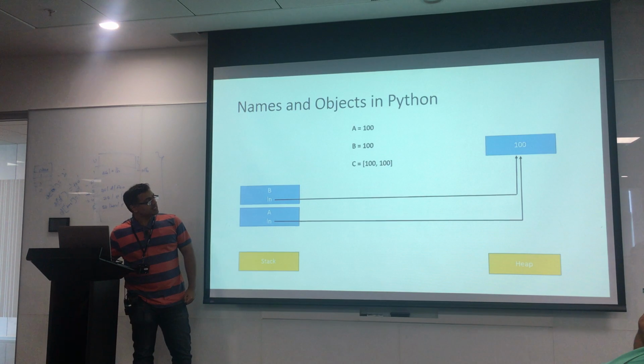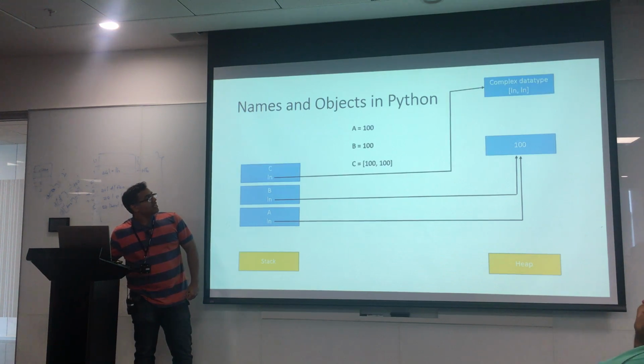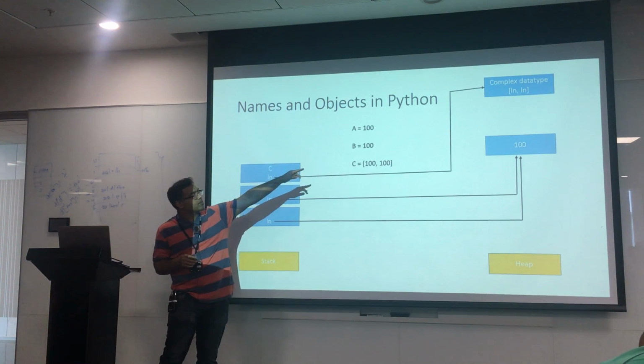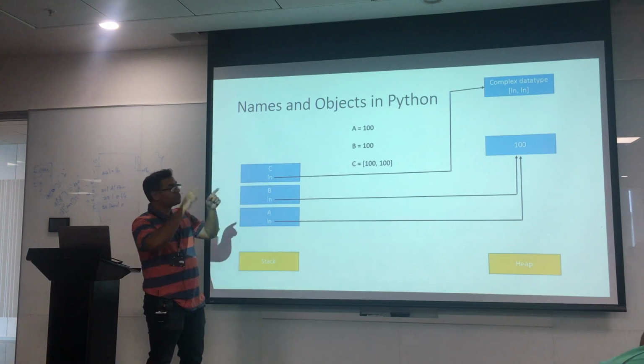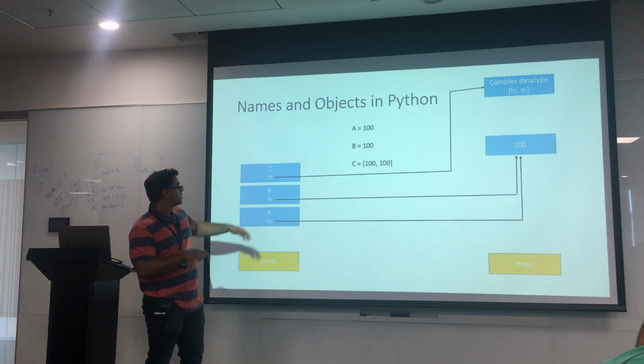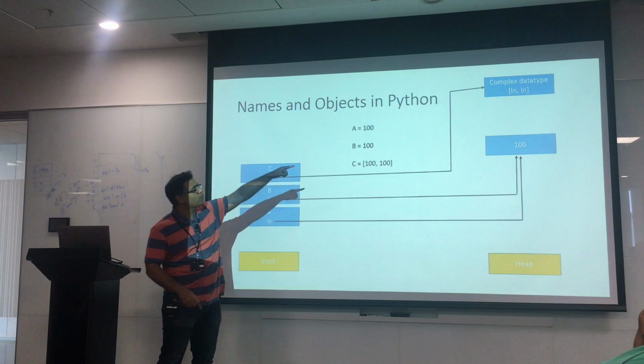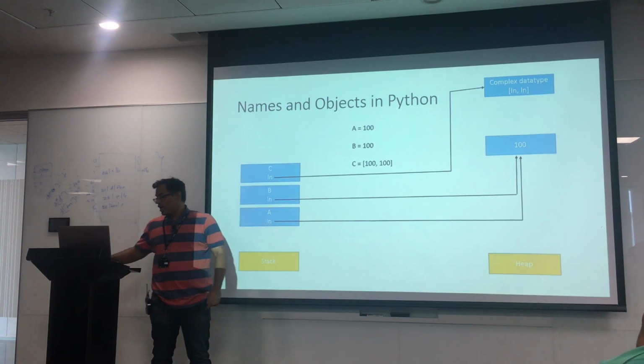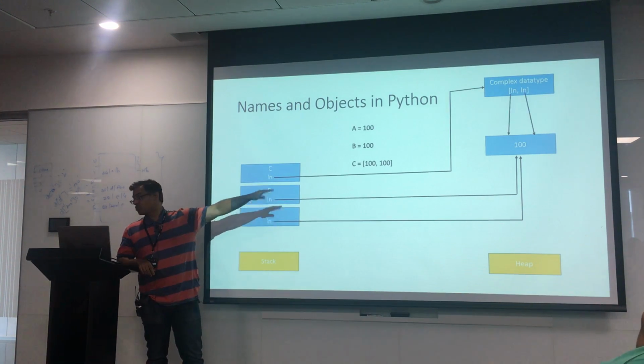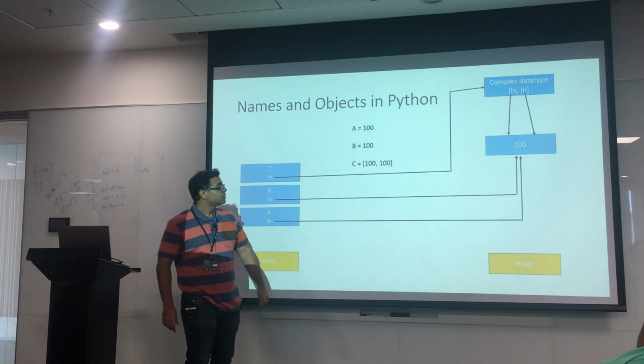So what happens in this case is, you create a complex data type, which in turn is pointing to some other objects, right? C is basically pointing to that complex data type, and then that points to that object, right?